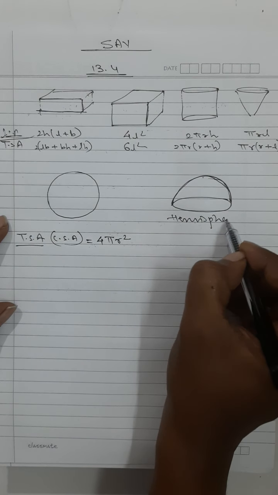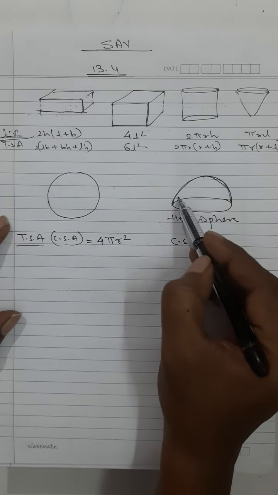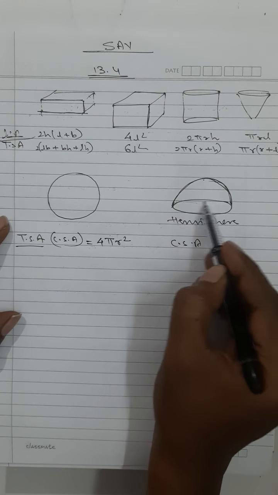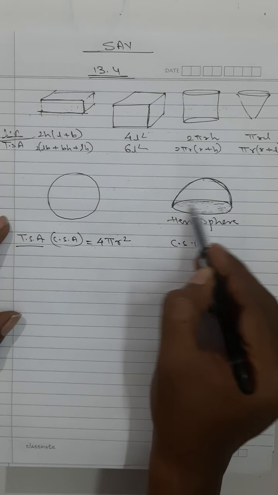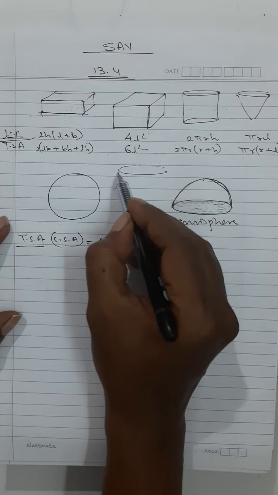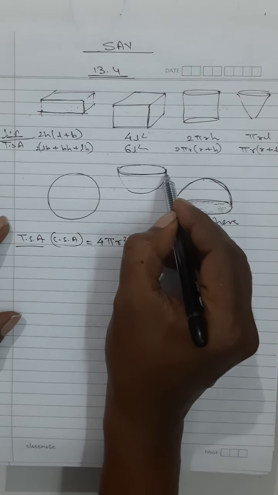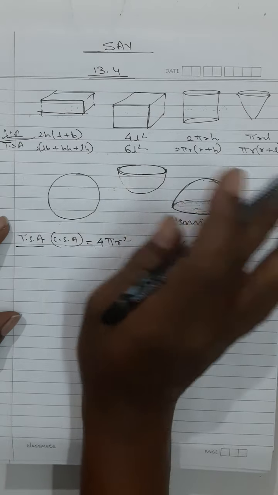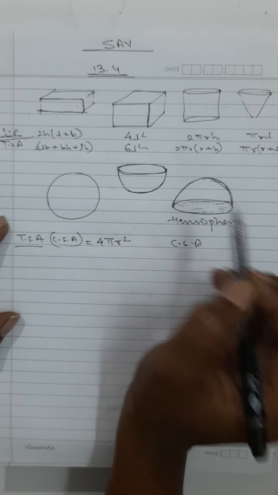When it comes to hemisphere, which is half of the sphere, then definitely it has a curved surface area, and this is going to be the flat surface area, which is actually a circular base. One circular base. You can even consider a bowl. A bowl is also nothing but a hemisphere. But if it is open from up, then it has got no flat surface area. It has got only the curved surface area.